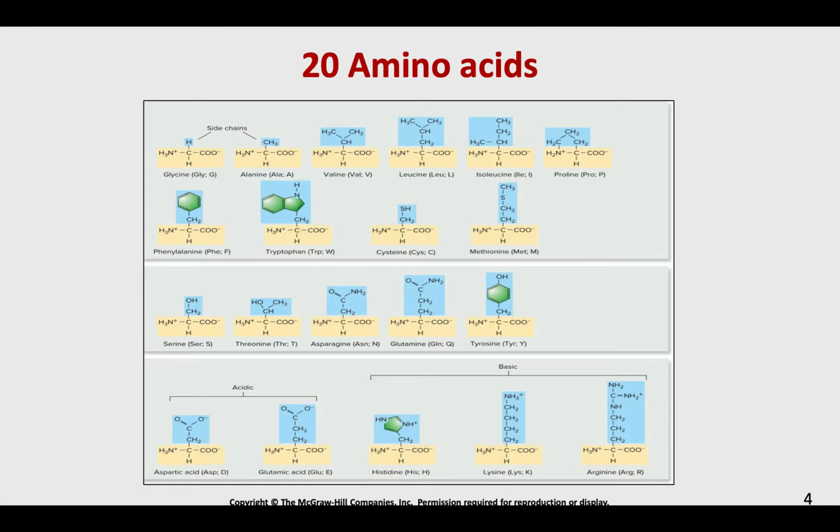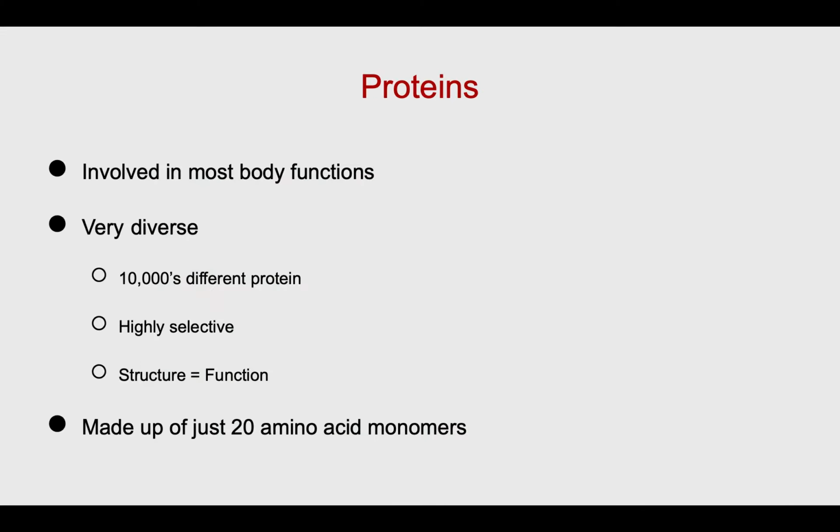Many different side chains can be attached. They can be branching, they can be linear, they can be in rings. Many different side chains make up these 20 amino acids. I'm going to go fast because, like I said, you watched a video on this, so you should have an understanding of it.